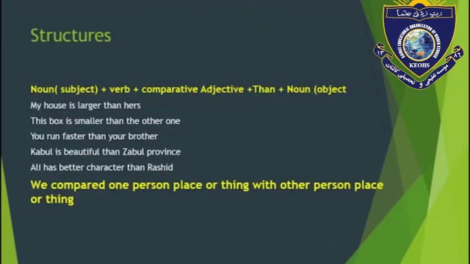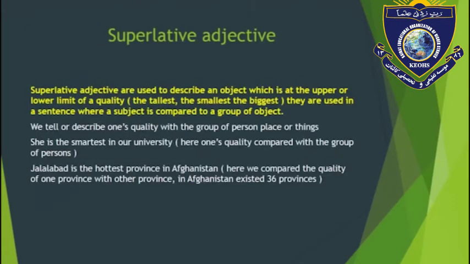It was the comparative adjective, dear students. Now let's study the superlative adjective. What's a superlative adjective? Superlative adjectives are used to describe an object which is at the upper or lower limit of quality. The tallest, the smallest, the biggest. I'm sure you have heard this kind of sentences.